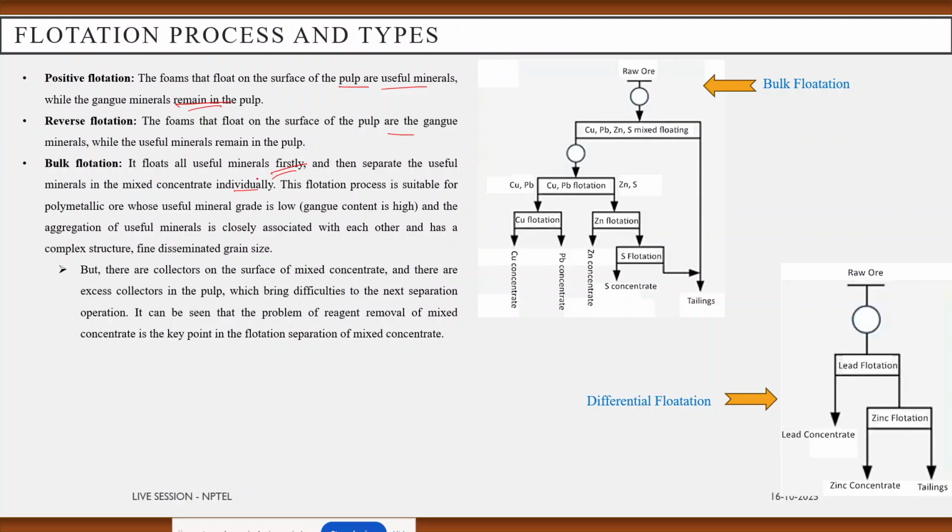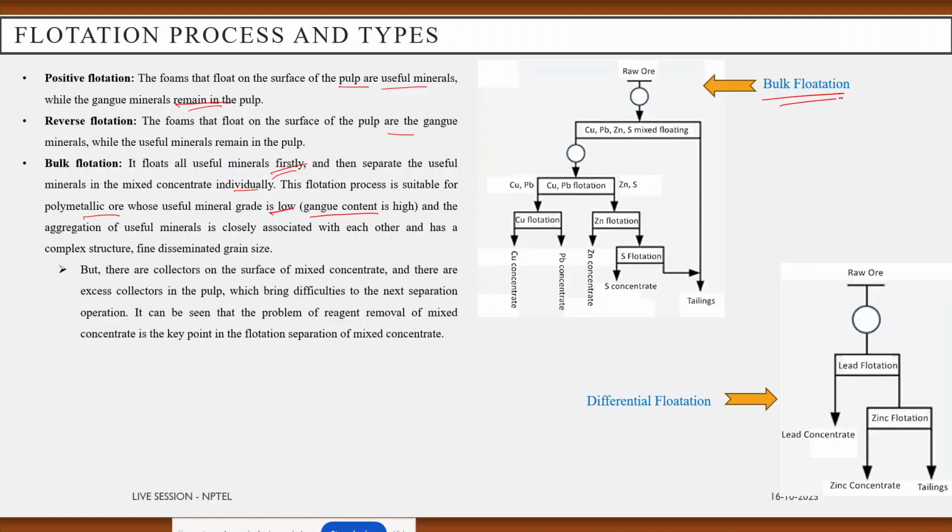This flotation process is very suitable for polymetallic ore whose useful mineral grade is low, that is, whose gangue content is very high, and where the useful minerals are closely associated with each other, with a complex structure and fine disseminated grain size. From this criteria, we choose bulk flotation for the case where the gangue content is very high.